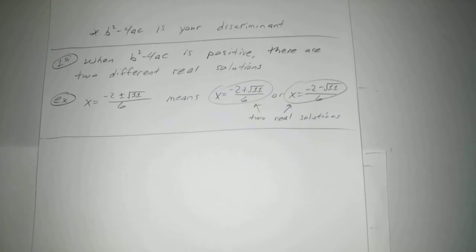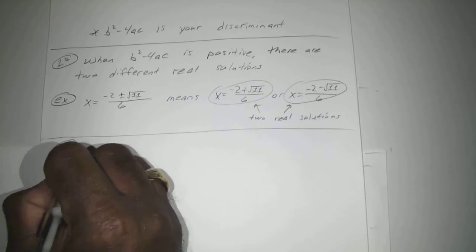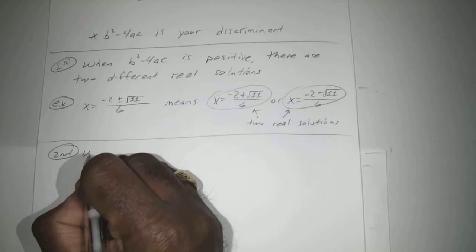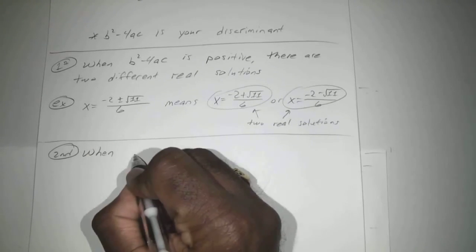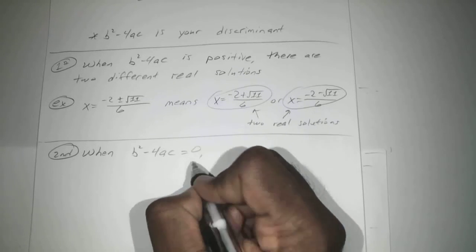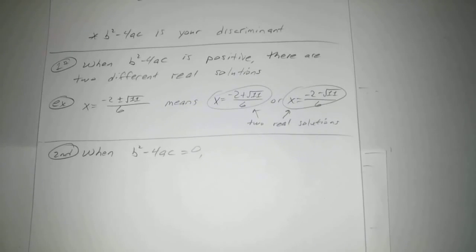Okay, so second, if our discriminant is equal to 0. So when b squared minus 4ac equals 0, you would just have one repeated solution.